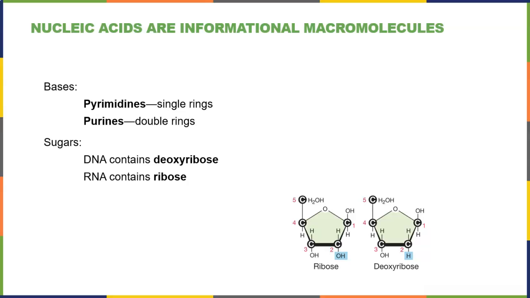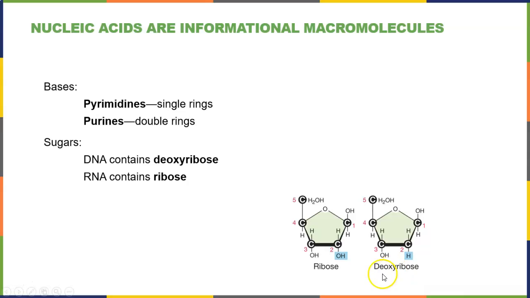Here's a picture on the bottom of ribose and deoxyribose sugars. You might recognize their shape. They look like the sugars that we've talked about already. Even the carbons here are numbered for you: carbon 1, 2, 3, 4, and 5. So that tells you this is a pentose sugar, right?